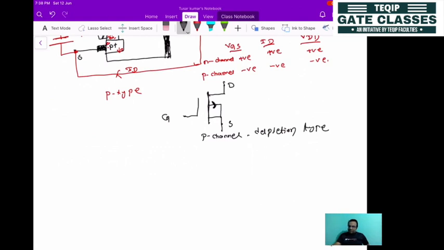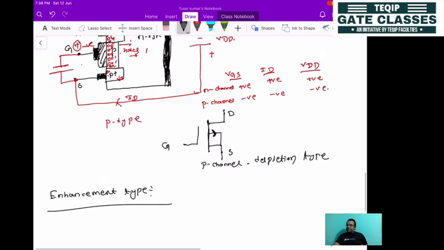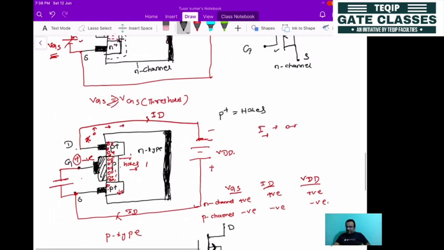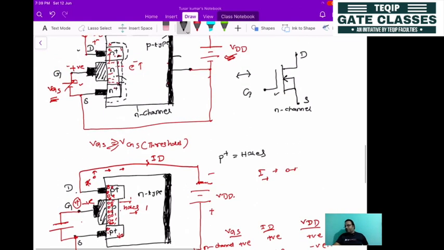The next type of MOSFET that we will be discussing is the enhancement type. The enhancement type MOSFET is more or less the same as the depletion type.